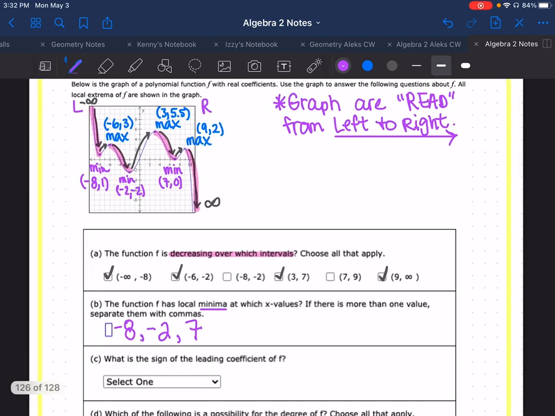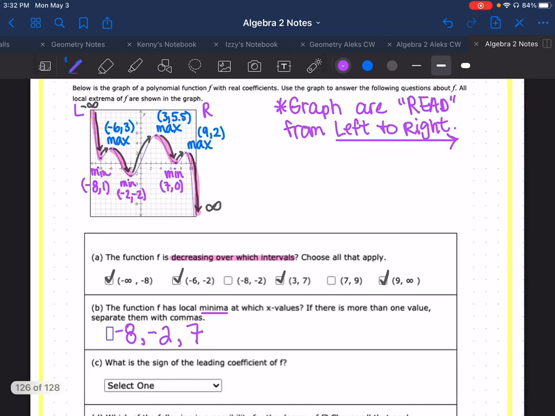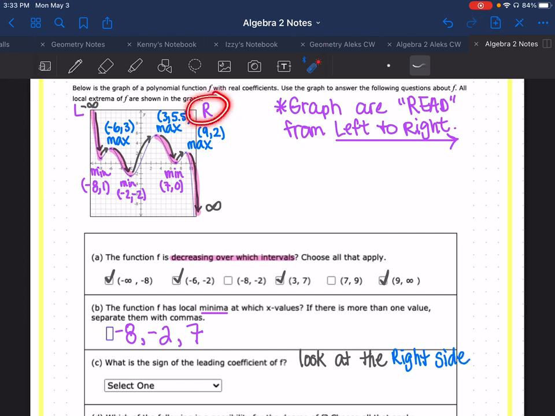All right. Question C is going to ask, what is the sign of the leading coefficient? Remember, for the leading coefficient, we're going to look at the right side, because the right side tells me my leading coefficient. Here is the right side, and so I'm looking for this part right here.